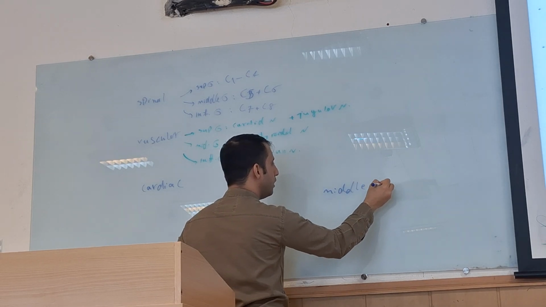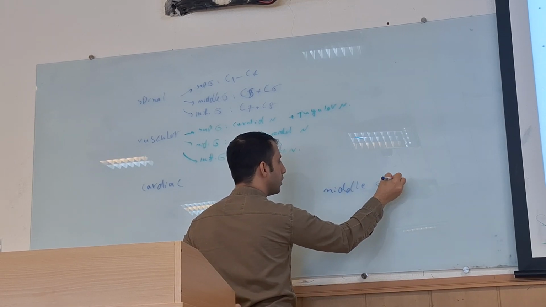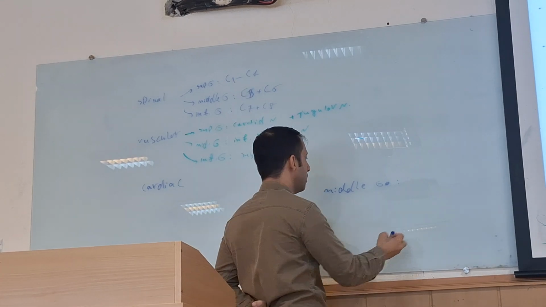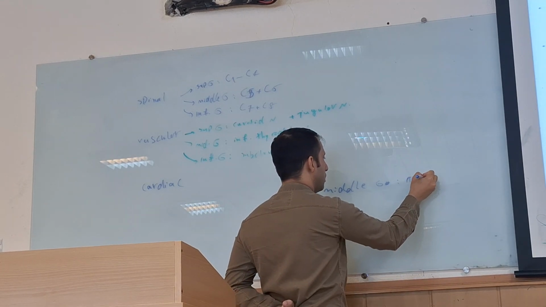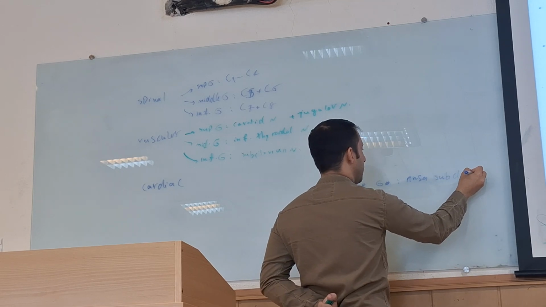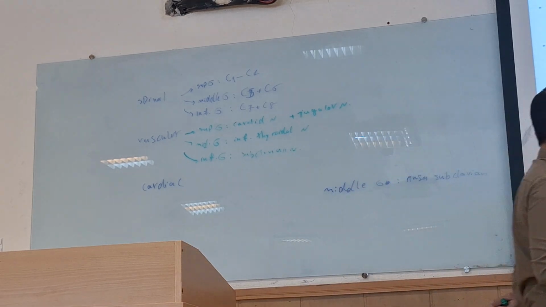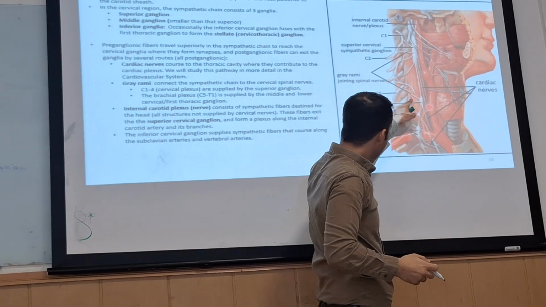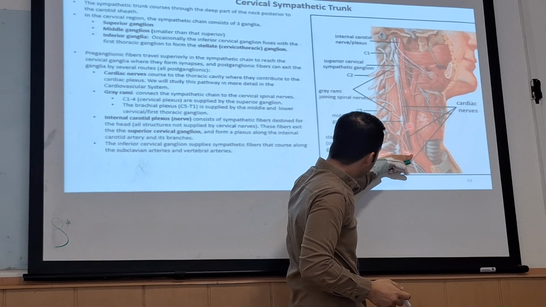From the middle cervical ganglion, I have a nerve which is named ansa subclavian. What is ansa subclavian? Look at here. Look at this fiber.